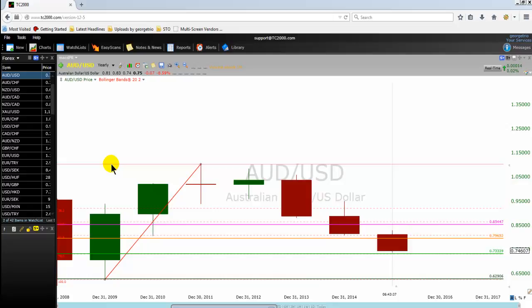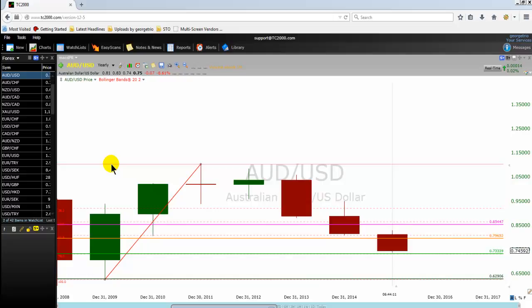So if, for instance, the US Federal Reserve is devaluing the dollar, there is a high chance that the Australian dollar US dollar will go up. But traders must understand something very important here: the decisions made by the US Federal Reserve are superior to the decisions made by the Australian Central Bank.